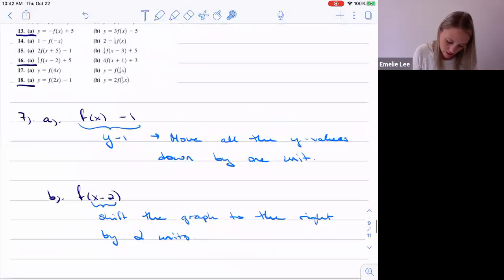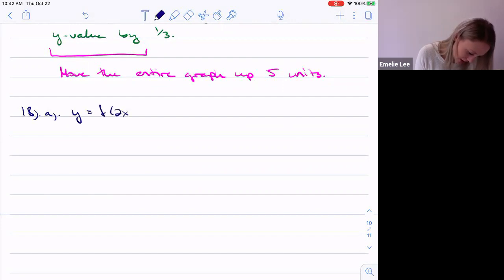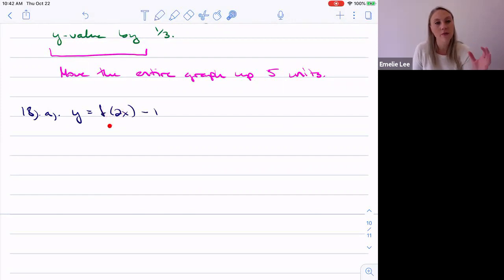And then I said we would do 18a just because I want to manipulate the x a little bit more than adding or subtracting. So for 18a, I've got y equals f of 2x minus 1. So again, we start at f of x and we just see what's been applied first.